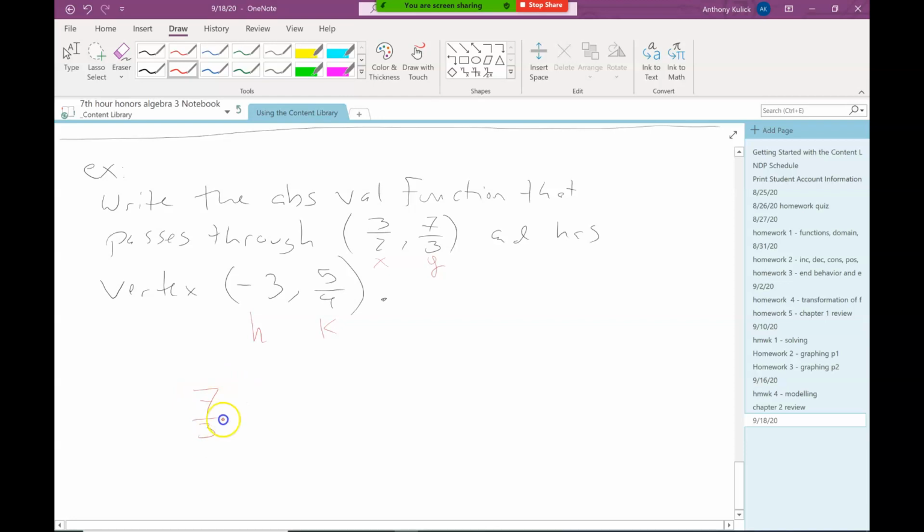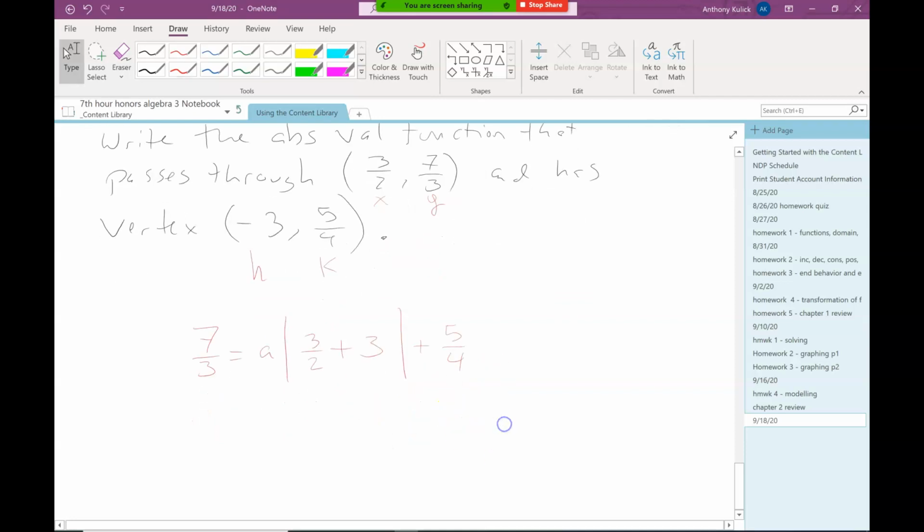So I can say 7/3 is equal to a times the absolute value of x minus h, so minus a negative is a plus, plus k. Everybody okay there? So we'll start by subtracting 5/4 from both sides. To subtract those two things, we need to make a common denominator.